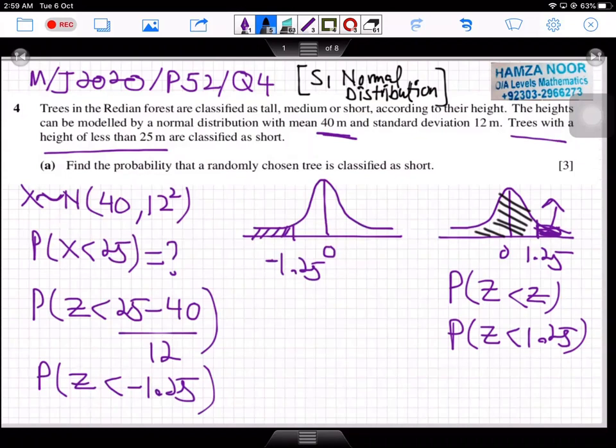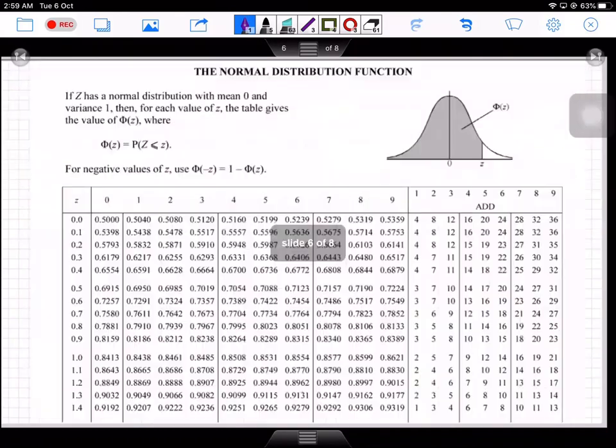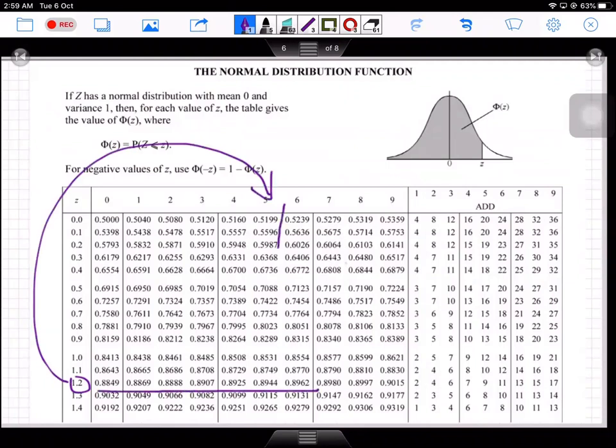Alright, so let's take a look at our normal distribution table. Z less than 1.25. 1.2 is over here, and 1.25 over here. Coming right over here, 0.8944.